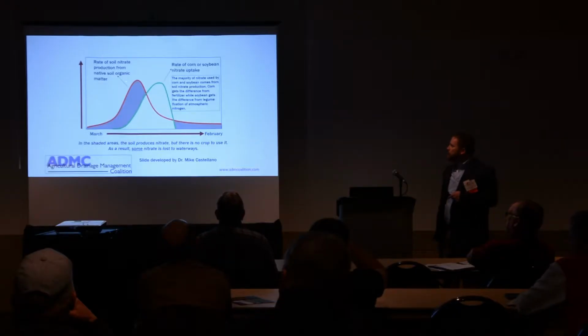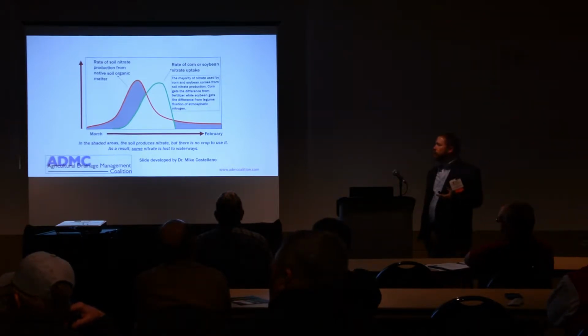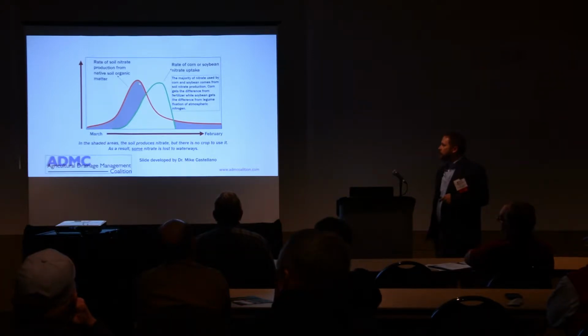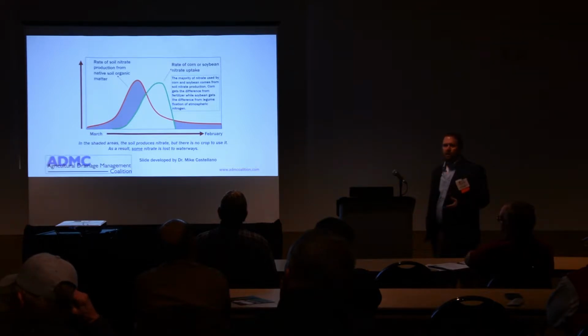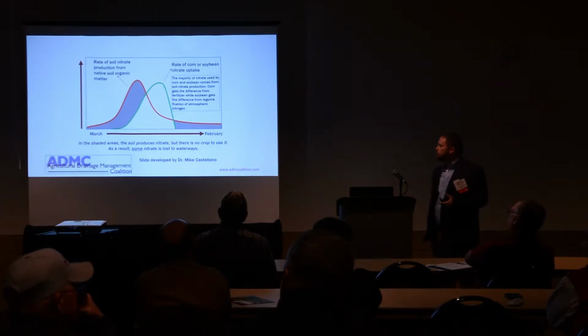We have this peak in early spring, moving into late spring and summer, where we have the peak amount of nitrogen getting converted from organic nitrogen to mineral nitrogen. But unfortunately, our crops aren't using that nitrogen at that point in time. So we have a lot of room for that nitrogen to move down through the system, especially in these tile systems, and get out before our corn and soybeans can use it.